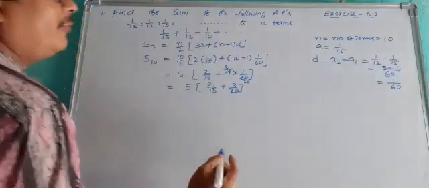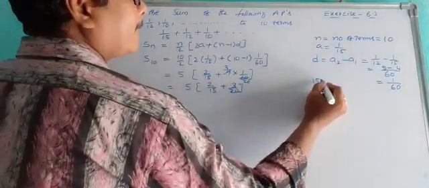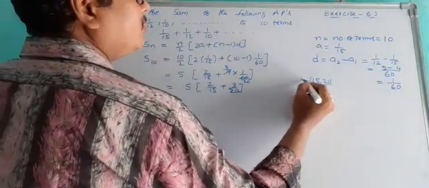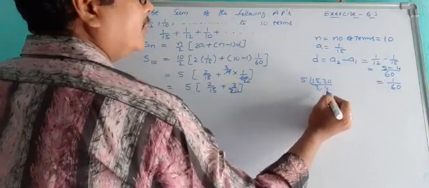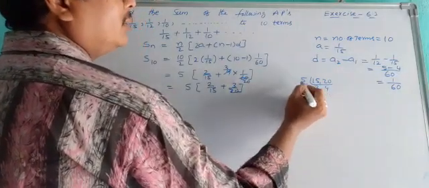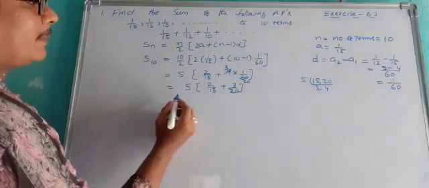So the LCM of 15 and 20: both are divisible by 5, giving 3 and 4. 4 threes are 12, 12 fives are 60.